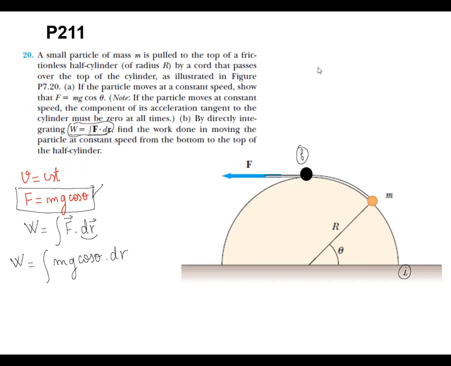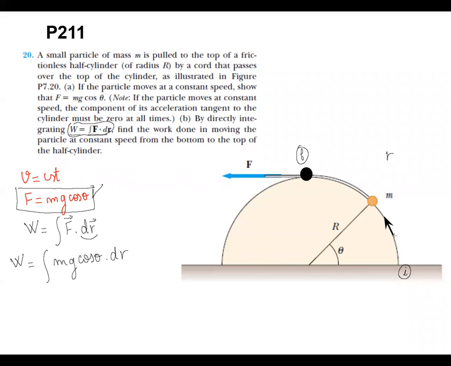The trajectory is from this point to this point. This is r, from here to here we have the arc. The small dr has the same direction as F because it's tangent, and F is tangent to the trajectory.